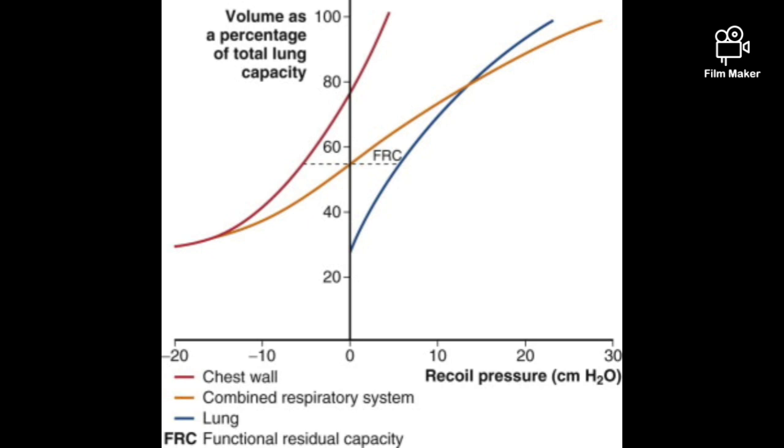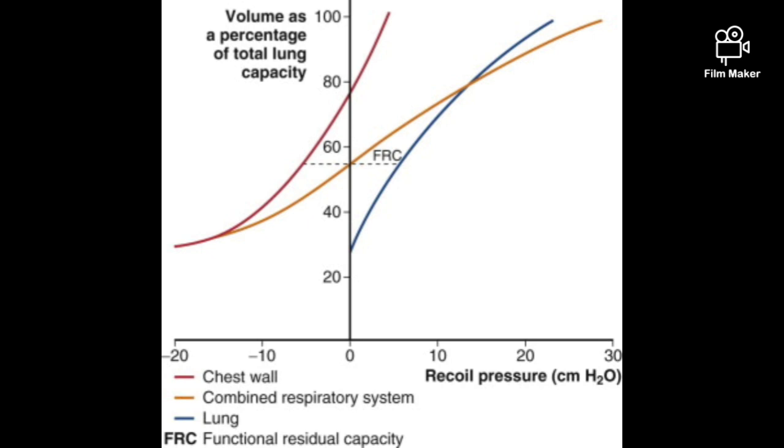This fluid makes a coating within the alveolus and exerts some surface tension, and it prevents the collapse of the lungs when air is not there, or during the various cycles of respiration as air moves in and out. Due to this, there are pressure differences and volume differences, which should not cause the collapse of the alveolus, and this is prevented by the surfactant present in the lining of the alveolus.